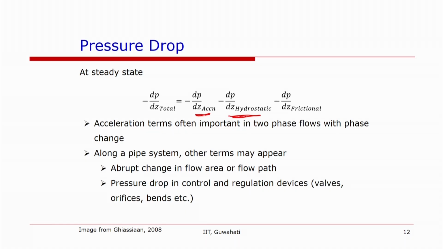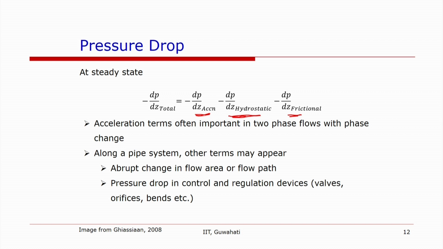Okay. So, if one looks at steady state, the pressure drop will be a sum of the accelerational pressure drop, the hydrostatic pressure drop because of gravity, and the frictional pressure drop. The accelerational pressure drop is often important when one has phase change and the area of one phase is changing with respect to the other, so it might be boiling or condensation.